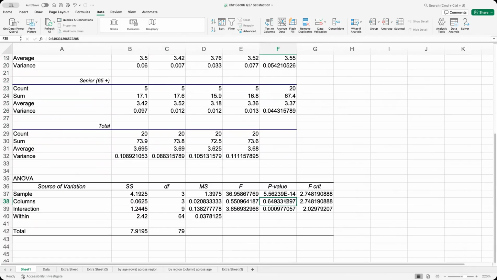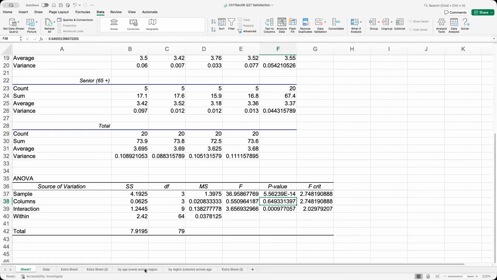I can visualize the interactions here. Let's choose one of our factors. We could choose region, or we could choose age group. And then we can plot against the other group.